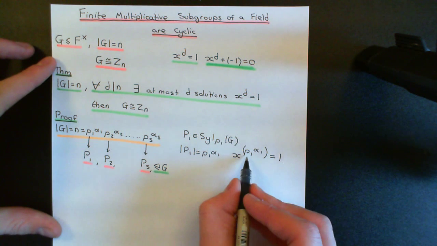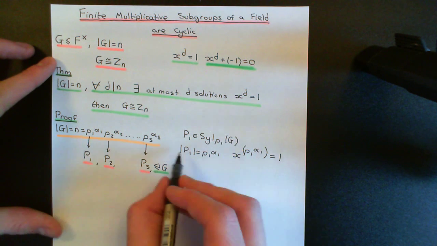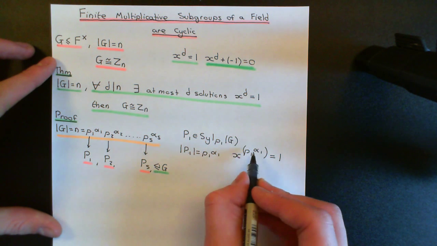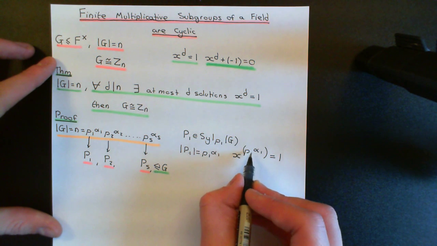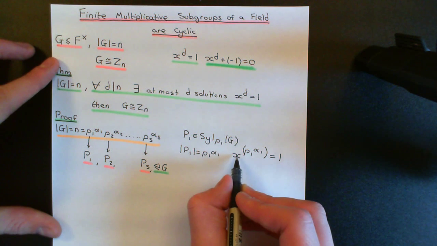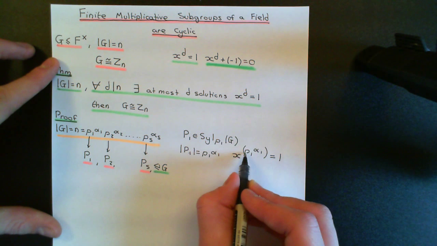This is a general thing that goes for any group. You take whatever finite group you like and take any element in that group and raise it to the power of the order of the group, you must get the identity back again, because any element must have order that divides this.